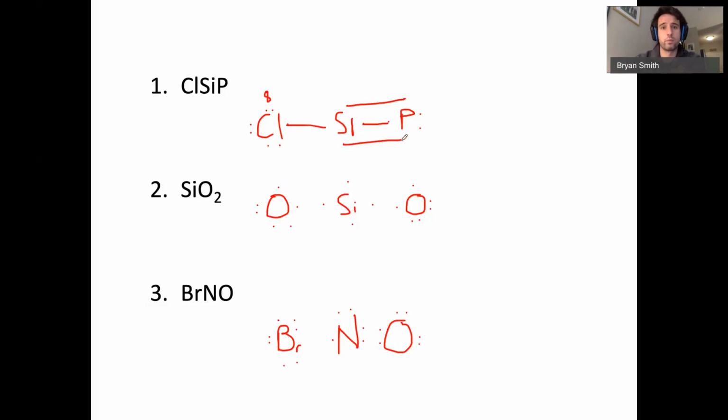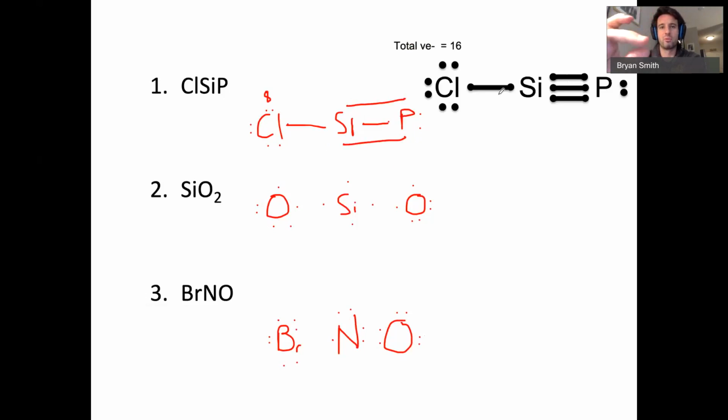Pretty awesome, huh? So then what the final answer would look like is something like this. Notice how this triple bond becomes a little bit more condensed than what I currently have. For SiO2, each of my oxygens has 6, and my silicon in the middle here has 4. So I'm going to draw a single bond to start with, connecting these guys up.